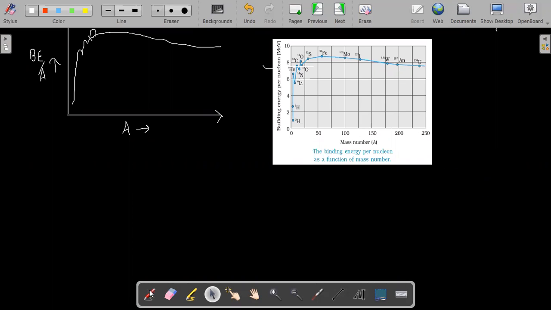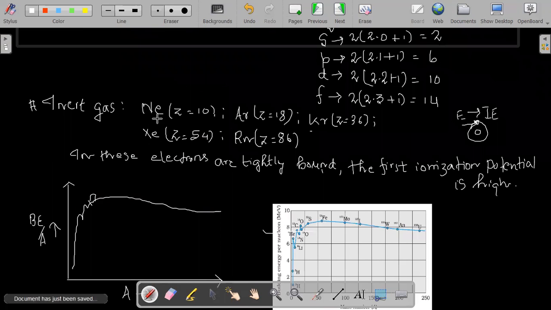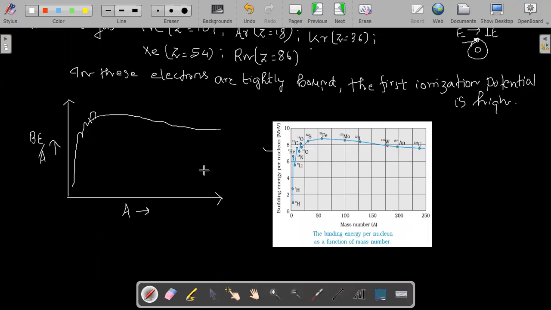But it's not that every element is going to be inert. It is going to be inert depending on a particular number of electrons: 10, 18, 36, 54, 86. It is not reacting because the outermost shell is full.